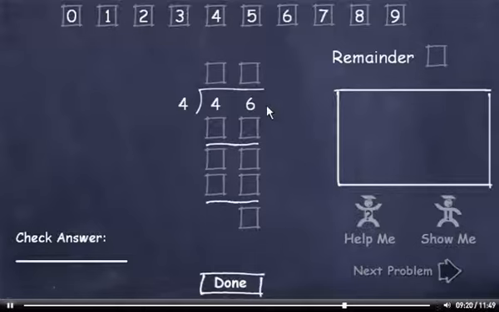46 divided by 4. 4 goes into 4 1 time. 1 times 4 is 4. 4 minus 4 is 0. Bring down the 6. 4 goes into 6 1 time. 1 times 4 is 4.